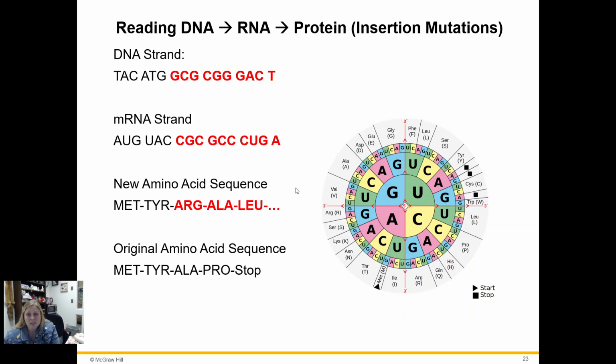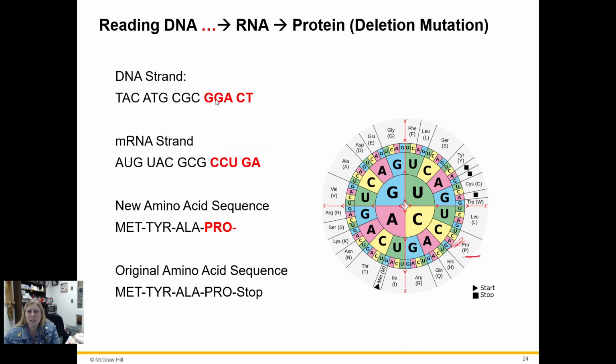So that's obviously not going to be functional. And then the same thing with a deletion, but instead of adding to that sequence, it's going to remove from that sequence. And so in this case, I have my proline still, but I'm missing my stop sequence, and I don't know what's going to happen here. It could continue going, it could stop.